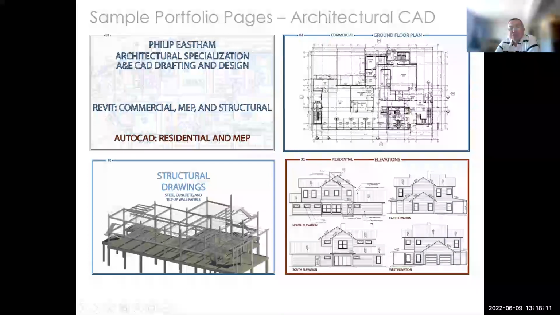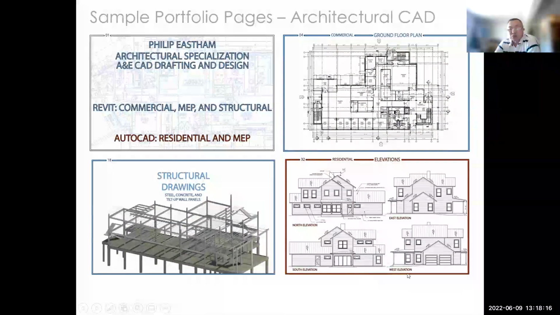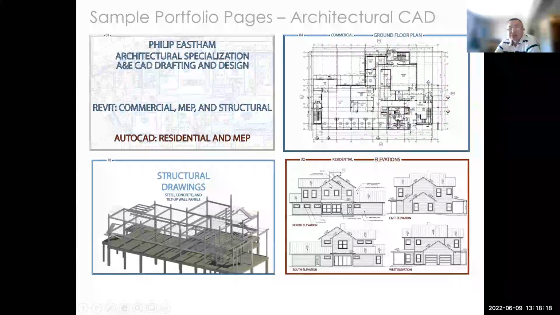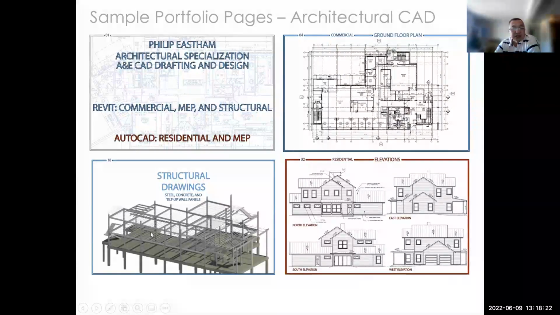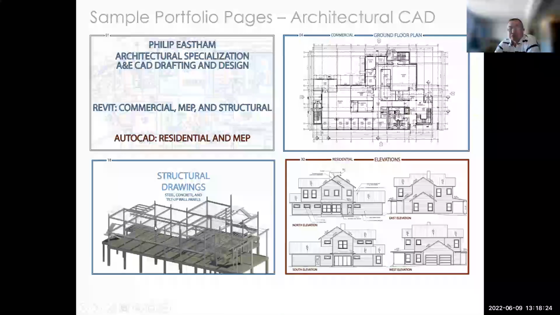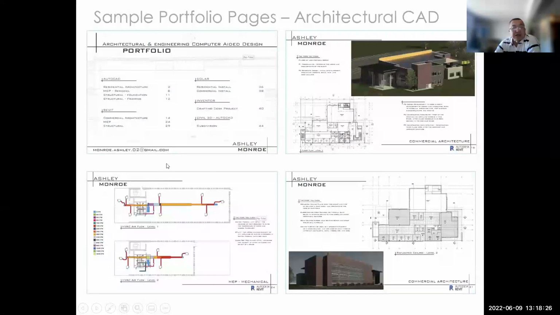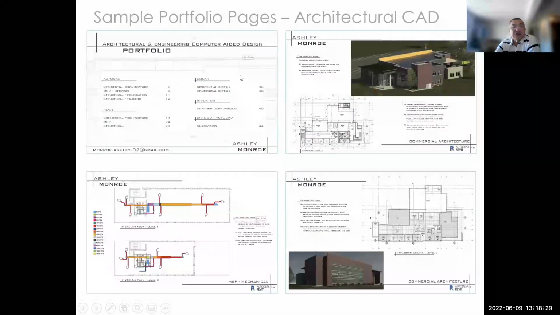This is actually a better view. We know what the elevation is: south elevation, west elevation, east, north, every side. This is the floor plan, and this is the sort of structural view. And it looks like this, another type of architecture.